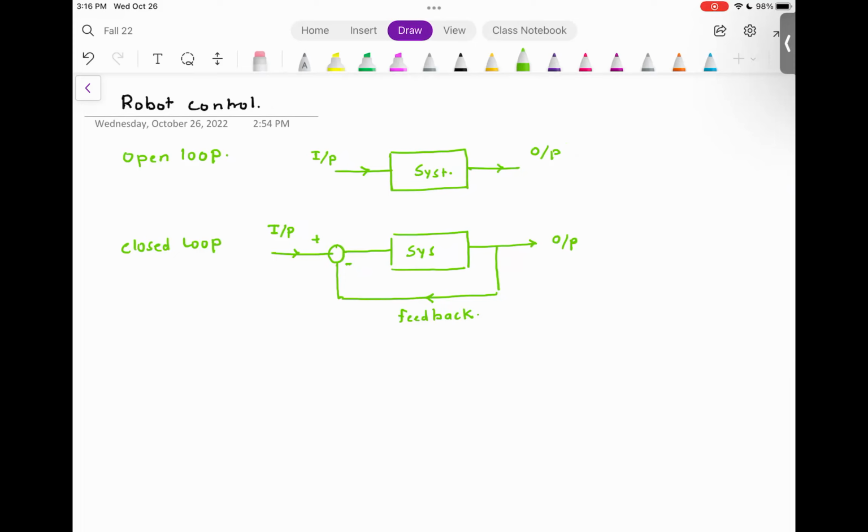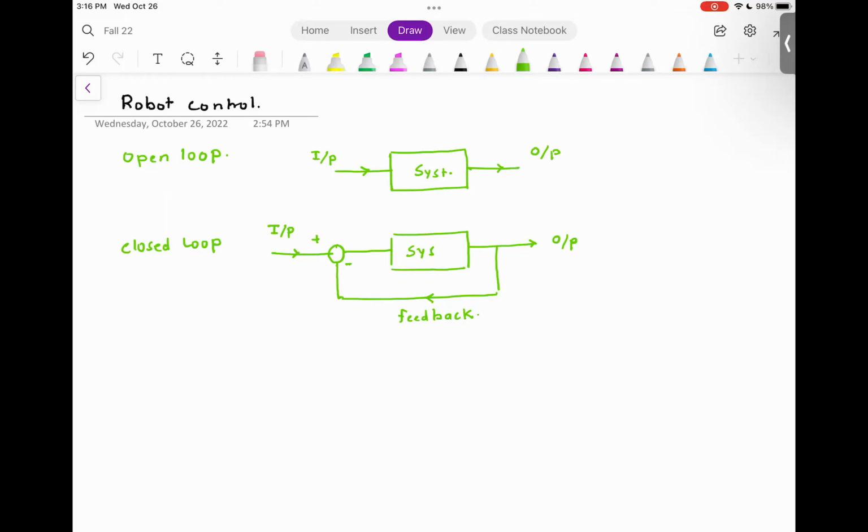I don't care whether the material I'm trying to convey gets conveyed properly, or whether the students learn and understand. Or I ask for feedback, like, have you noticed this, or have you understood this? Then I change my teaching strategy based on the student engagement and student feedback. That would be teaching in the closed loop.